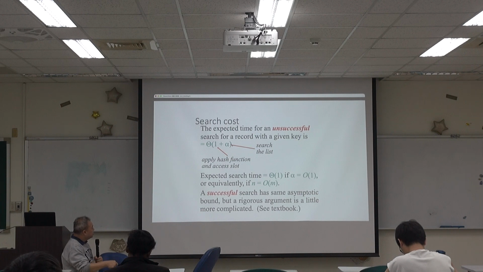A successful search has the same asymptotic bound, but the rigorous argument is a little bit more complicated, so you can check the textbook.